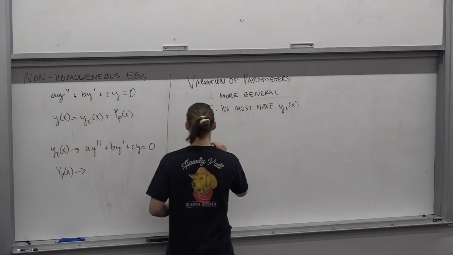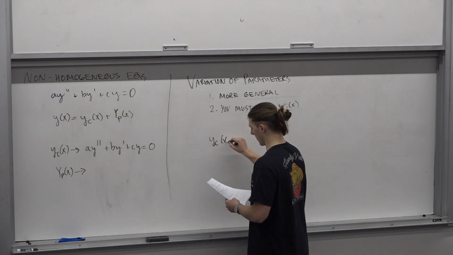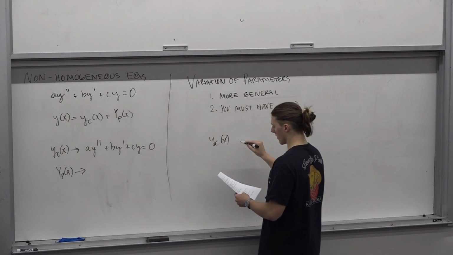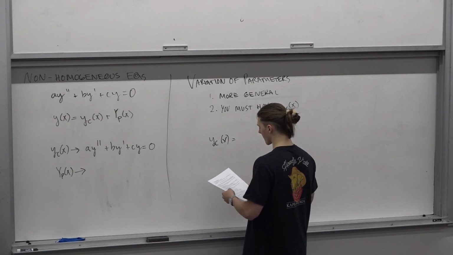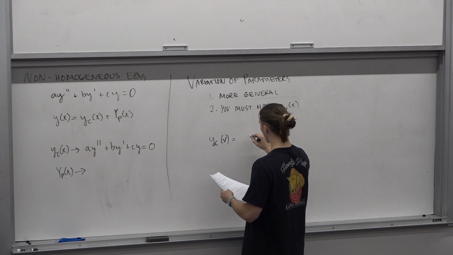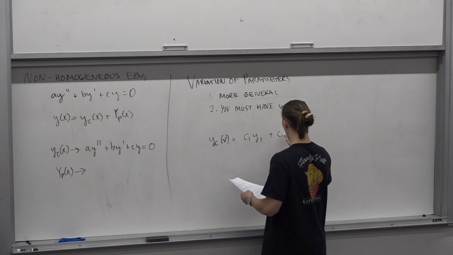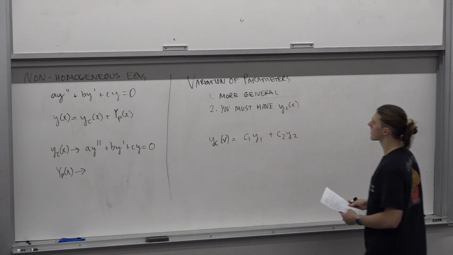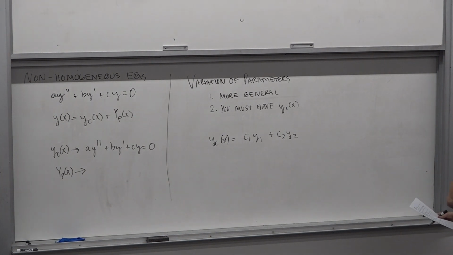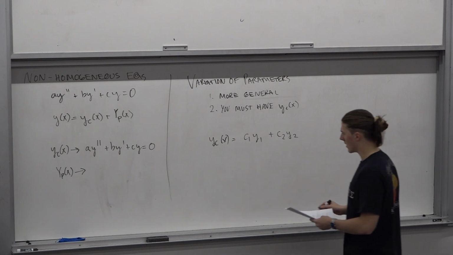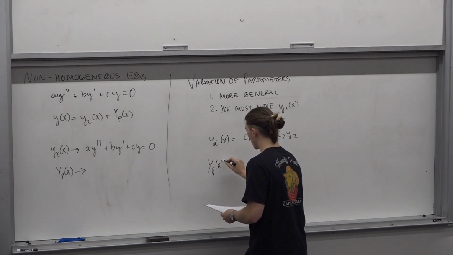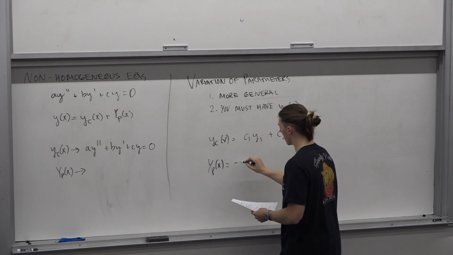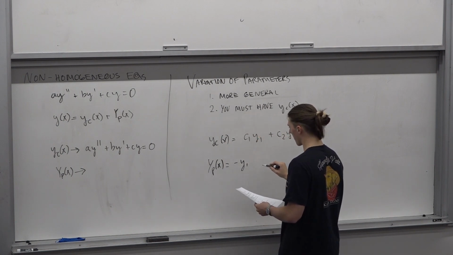We solve for y_c of x, where we have two solutions, y1, y2. And there is just one equation to find the particular solution, but it is very annoying.